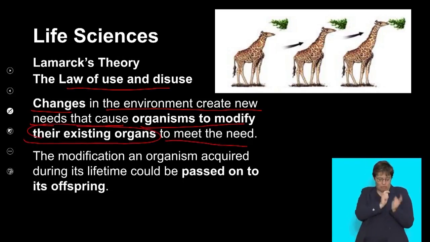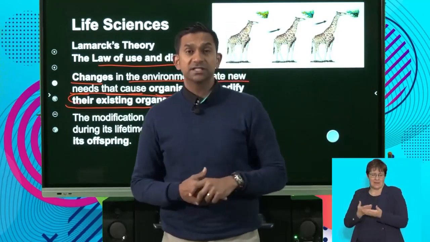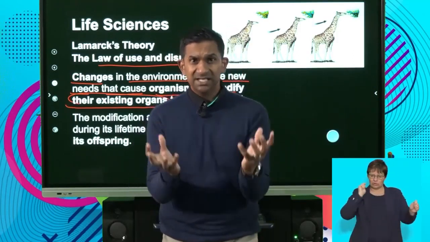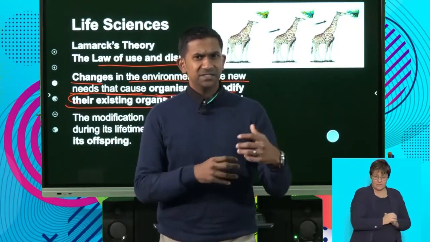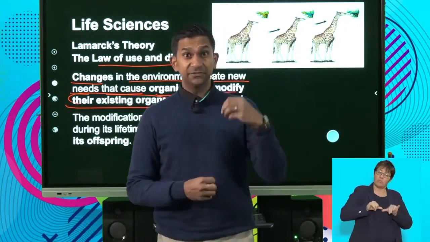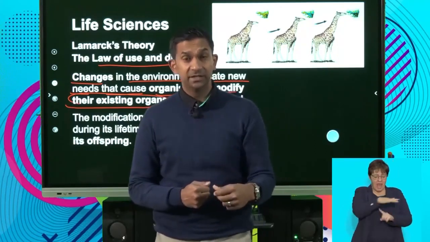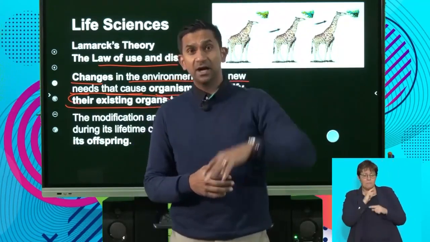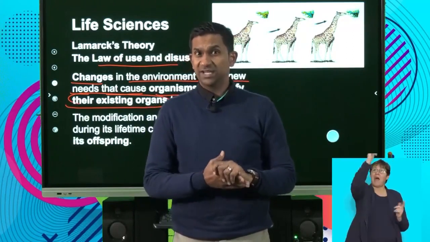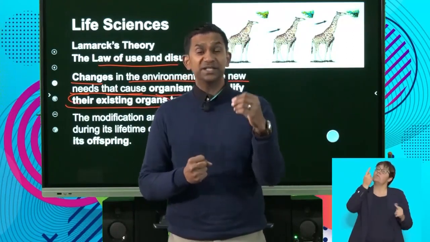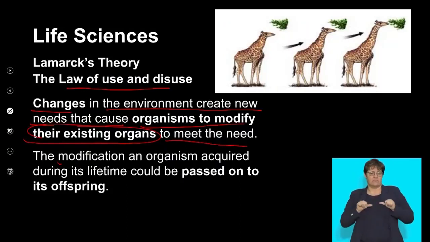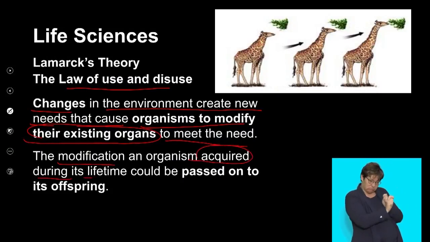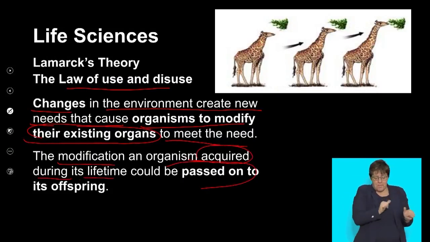Lamarck did mention that the environment constantly changed, or that there was a selection pressure from the environment, meaning that the environment was not always the same and individuals had to change, either try and reach fruit higher up or had to adapt structures to better survive. So he mentioned that the modifications of an organism acquired during its lifetime could be passed on to its offspring.